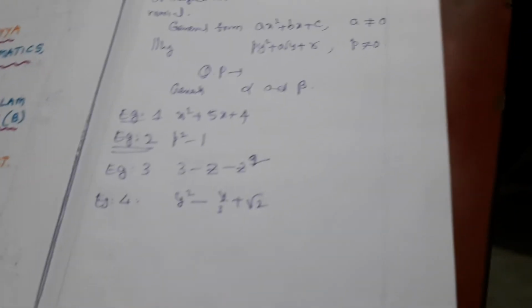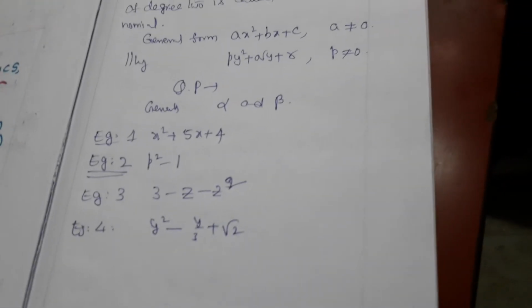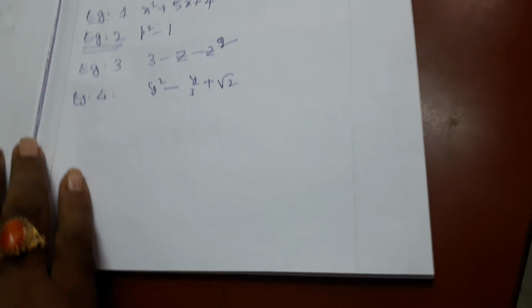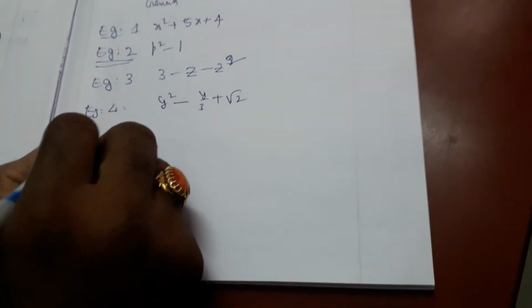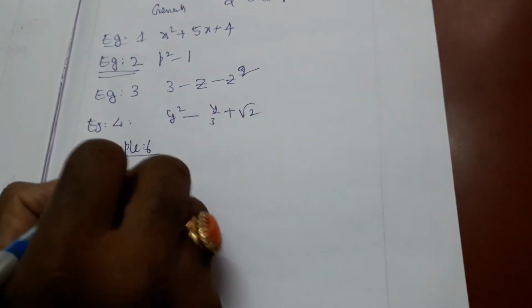Okay, thank you students. Now we move to the application part, that is problems and solutions. Under this, I am going to explain Example 6 from your textbook, page number 64.